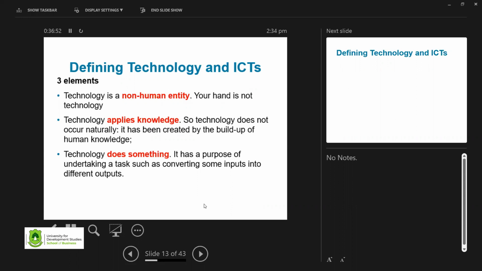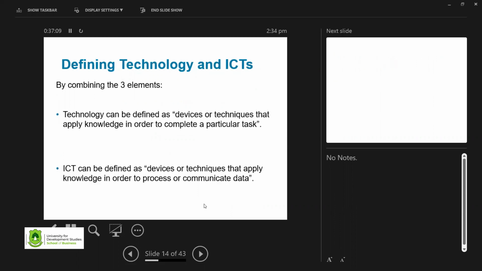You see the difference? Another favorite question in exams is, you have a daughter or son in JHS, and she asks you to tell her the difference between ICT and technology. Technology can be defined as devices or techniques that apply knowledge in order to complete a particular task.